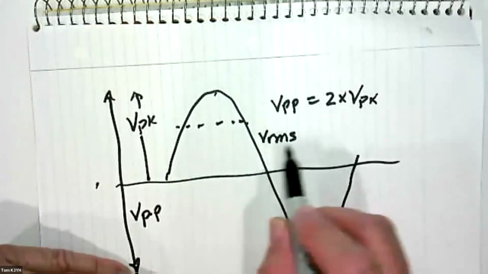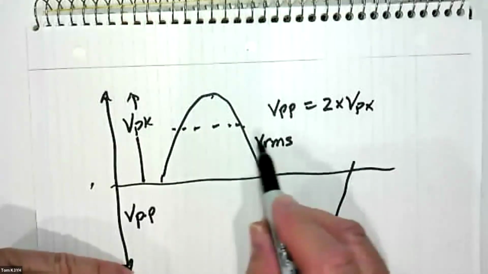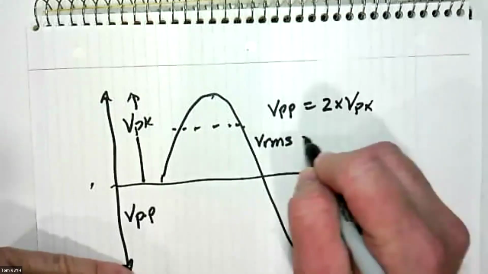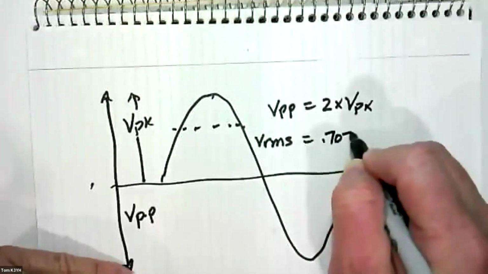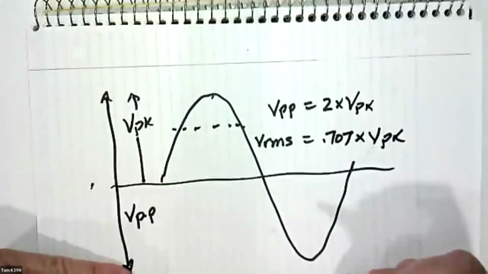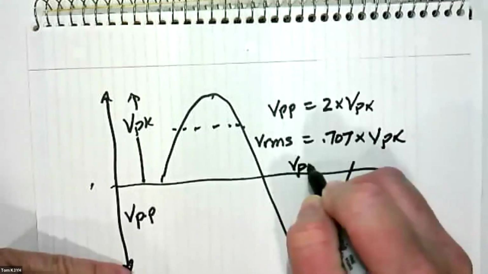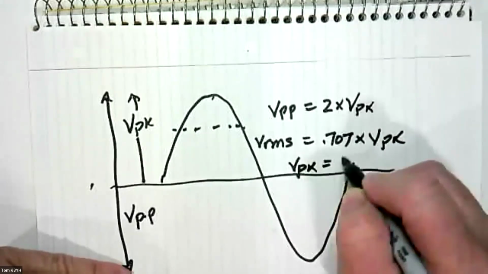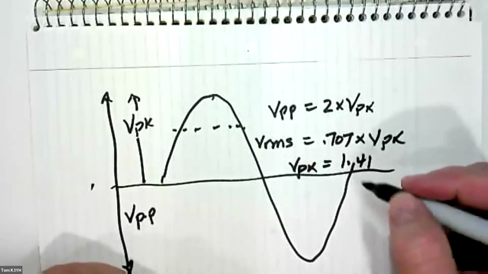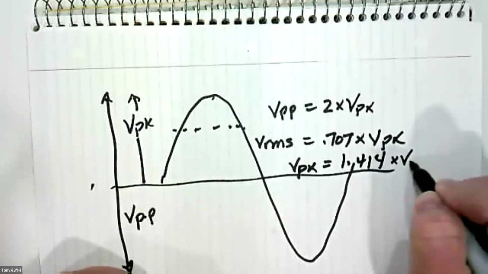If you have a more complex waveform, the VRMS has to be measured with some kind of special meter. It's hard to calculate. So the VRMS is equal to 0.707 times V peak, okay? Or V peak is equal to, if you do the math, 1.414 times VRMS.